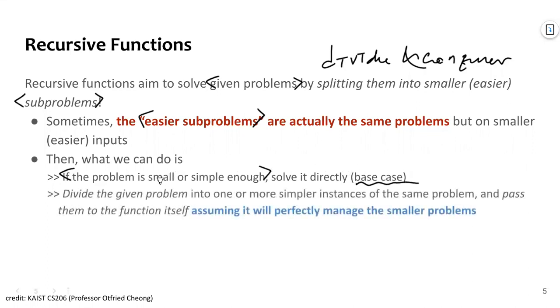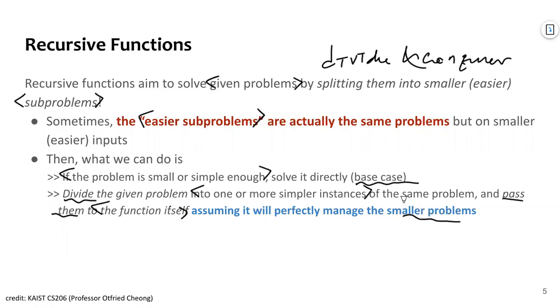And if the given problem is not small enough, then what we're going to do is divide the given problem into one or more simpler instances of the same problem, and pass these smaller problems to the function itself, assuming that it will perfectly manage the smaller problems.